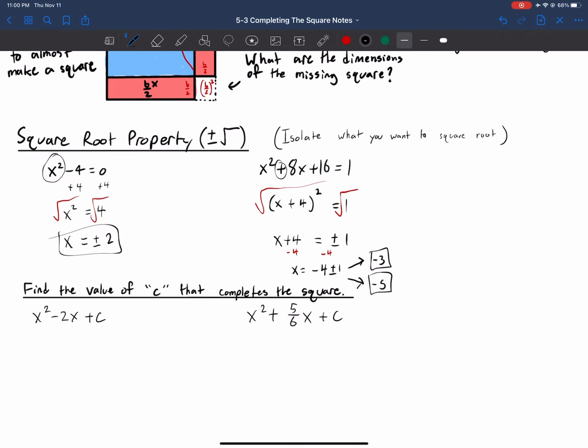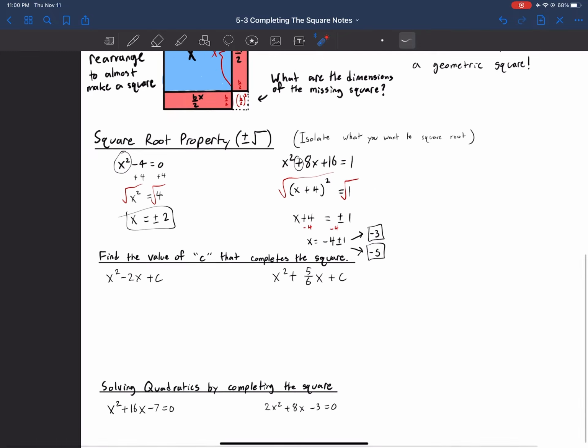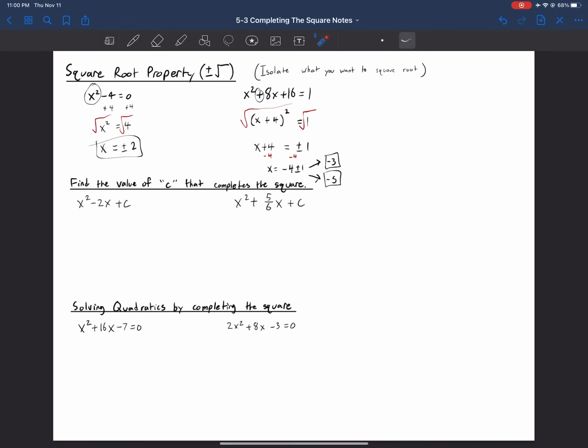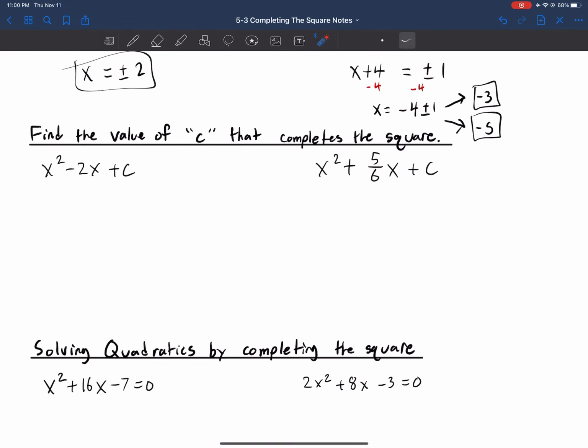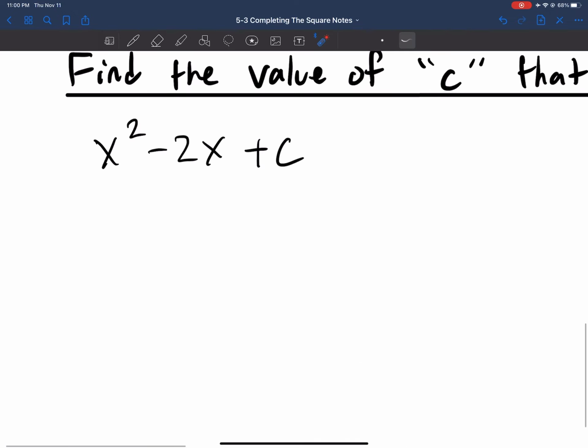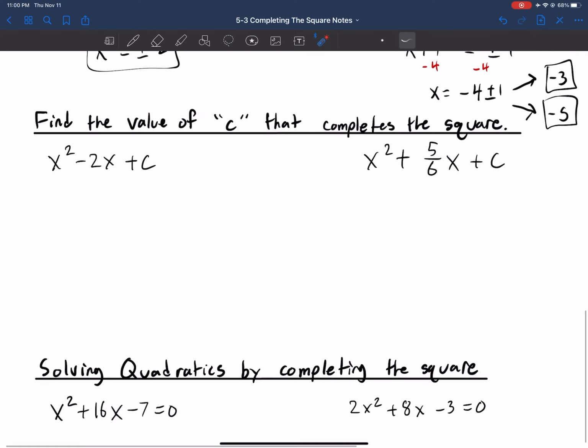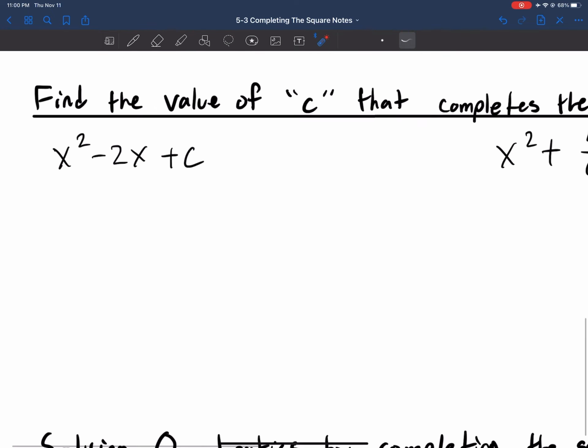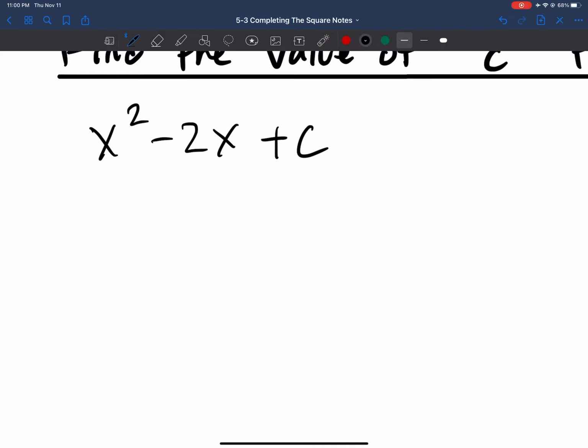Why do we want to get perfect square trinomials? So that we can do this. So, some helpful review. How do we complete the square? I'm given x squared minus 2x, and I want to know what's the c value that completes the square. What's the c value that makes this a perfect square trinomial? Well, if a is already equal to 1, then don't worry about it. We don't have to divide it through.